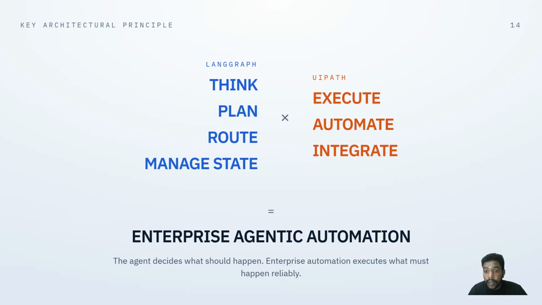Posting that write-off twice is not a decision at all. It's a defect with financial consequences. The key message: put probabilistic work where mistakes are recoverable and deterministic work where they are not.